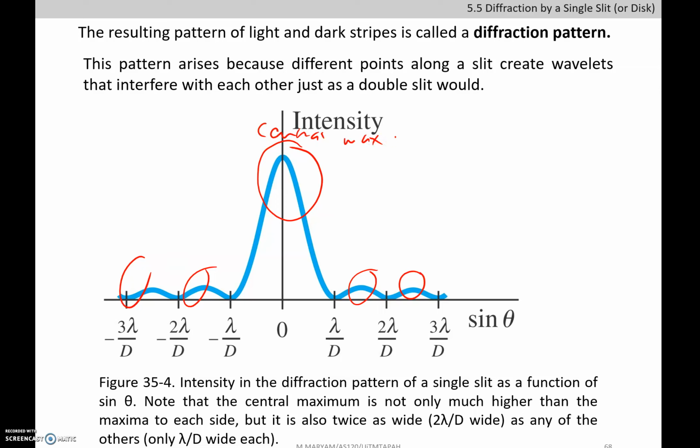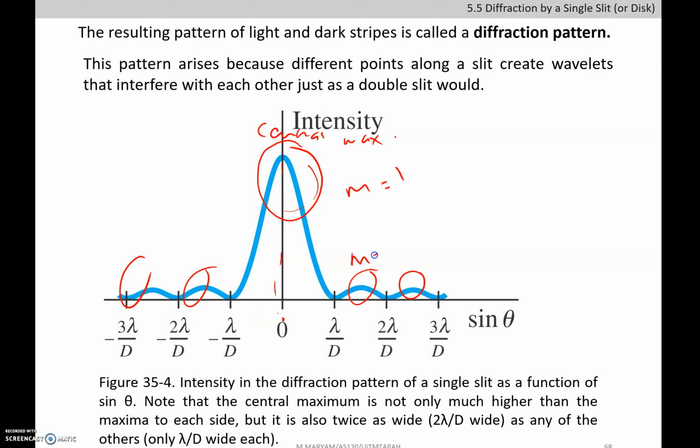Remember when we did interference, for constructive interference we start with 1, but for destructive interference we start with 0. But for diffraction, always start your m with 1. Because the pattern here is not full, it is divided by half. So we don't consider m equal to 0. We'll just call it central maxima.